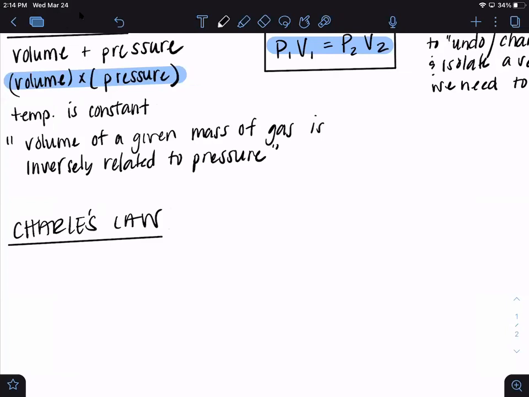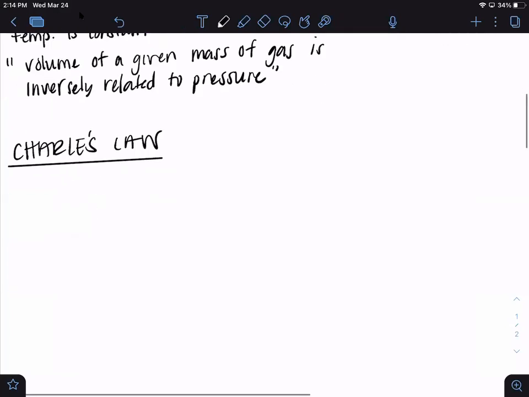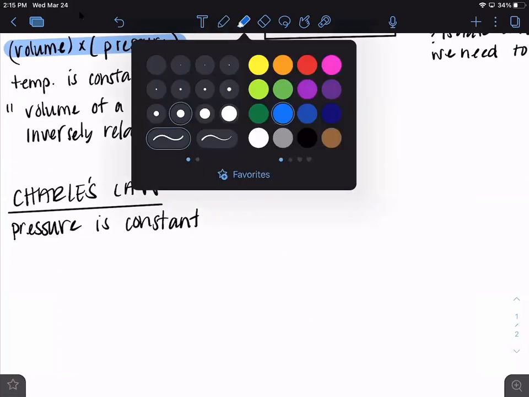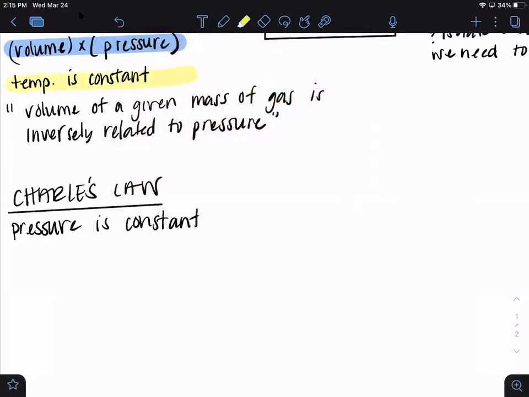So what is constant in this? We're going to say that pressure is constant. Whereas before we said that temperature is constant, here pressure is constant.